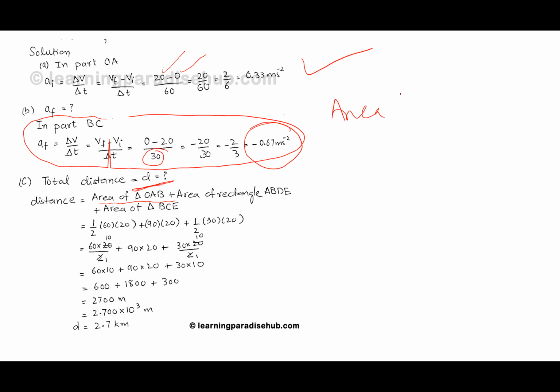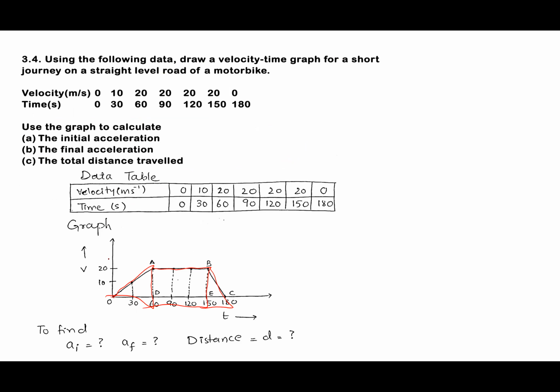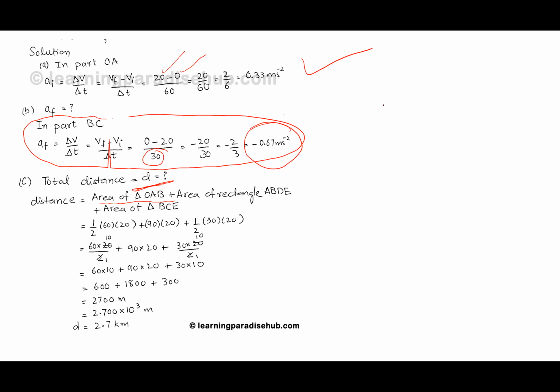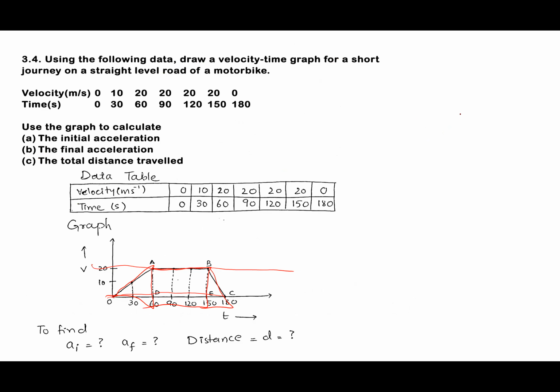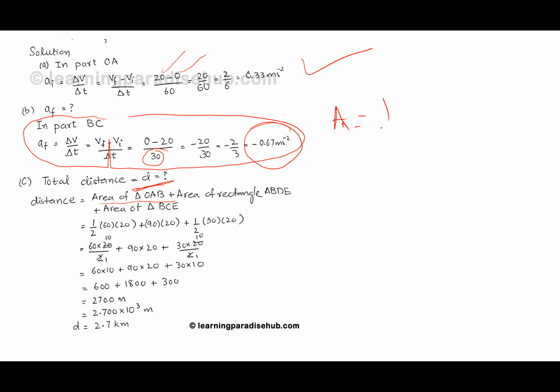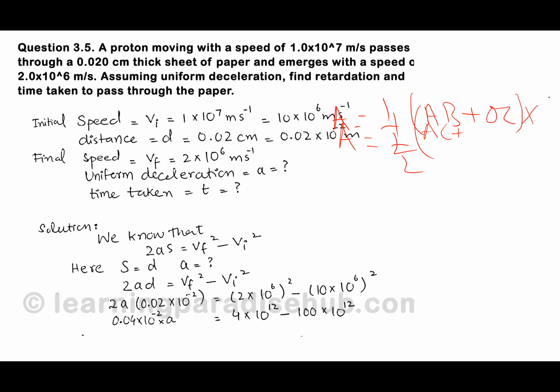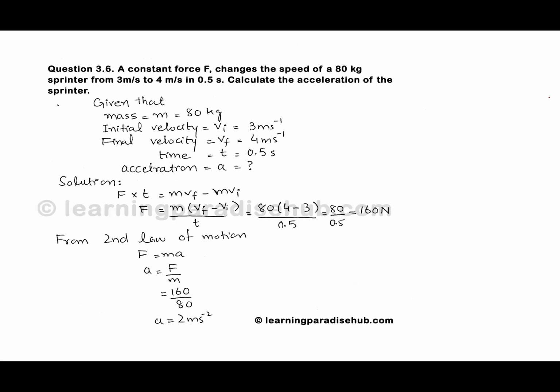Area of trapezium is equal to 1 divided by 2 times the sum of parallel sides, AB plus OC, multiplied by the perpendicular distance between these two.